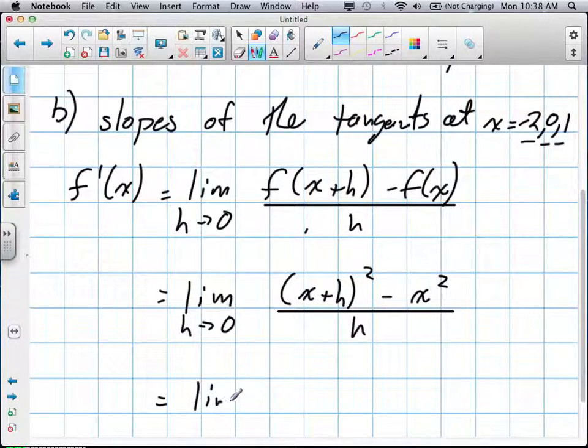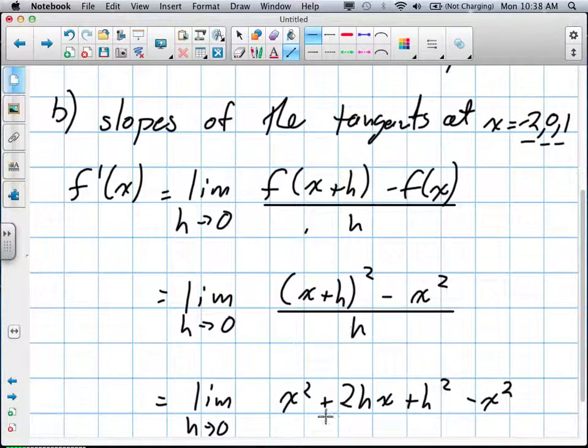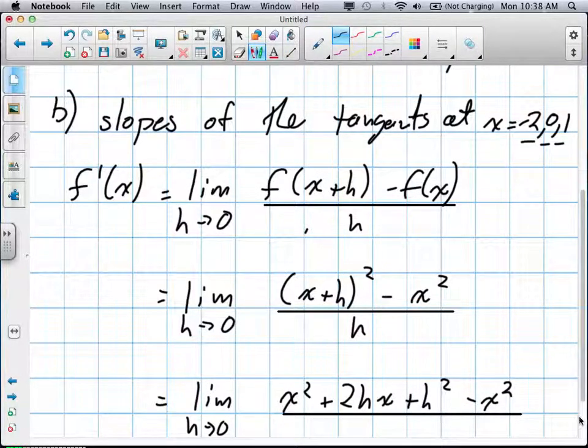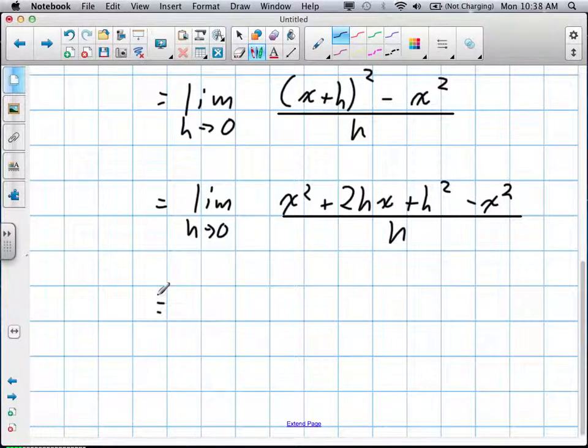So we're left with the limit as h approaches 0 of x squared plus 2xh, or 2hx, plus h squared, minus x squared, divided by h. It's looking a little like a proof, but it's important to know how to do this. If you notice, we have positive x squared and negative x squared. They're going to create a 0, or cancel out.